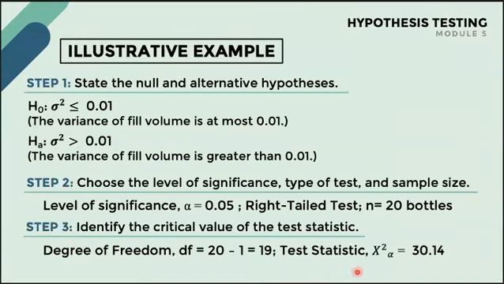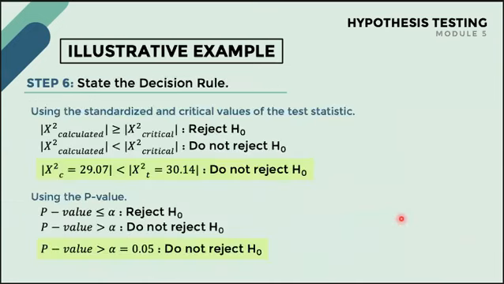And then using the table, we can look for the value of our chi-squared, which is 30.14 in this case. Now remember, if it's chi-squared, there is no negative value. So if you are to model it, it will look like this.